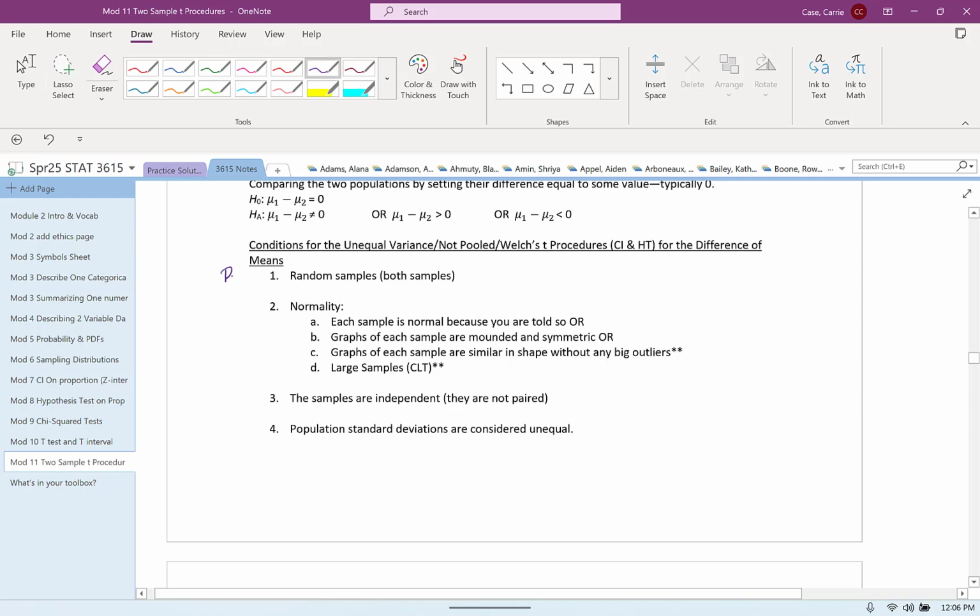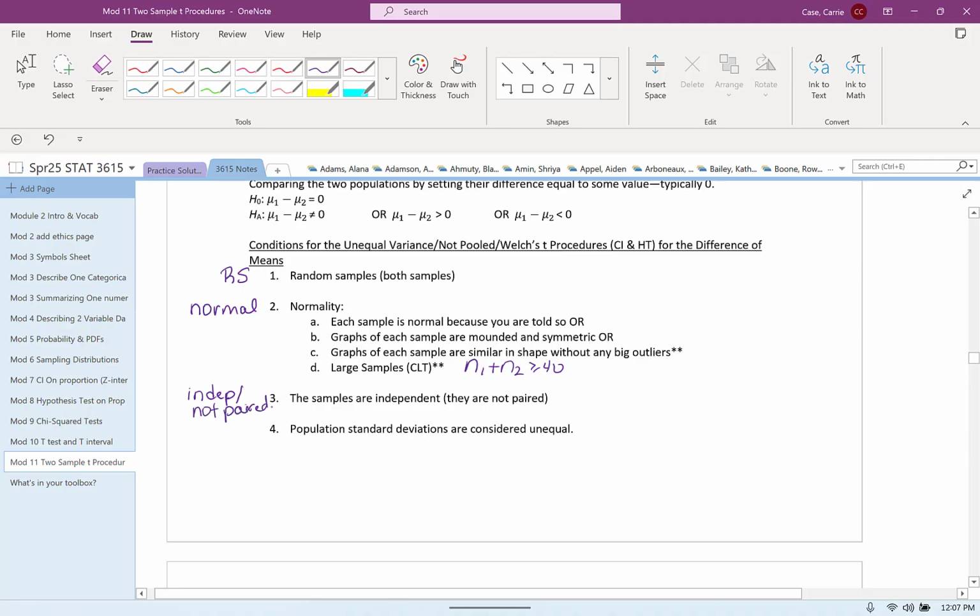So the conditions we have to meet are random sampling, normality, and remember the conditions for normality. We can have each sample as normal because we're told so. The graphs of each sample are rounded and symmetric, or the graphs of each sample are similar in shape without any big outliers, or we can use that large sample central limit theorem where n1 plus n2 is greater than or equal to 40. We have independent data or not paired.